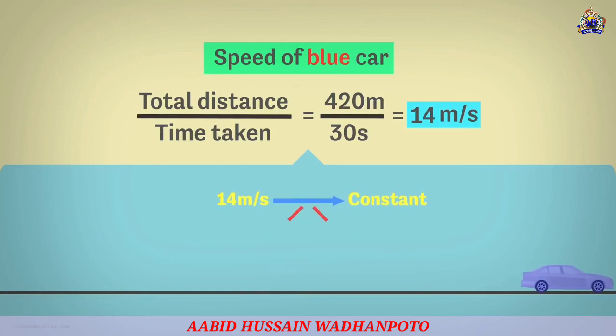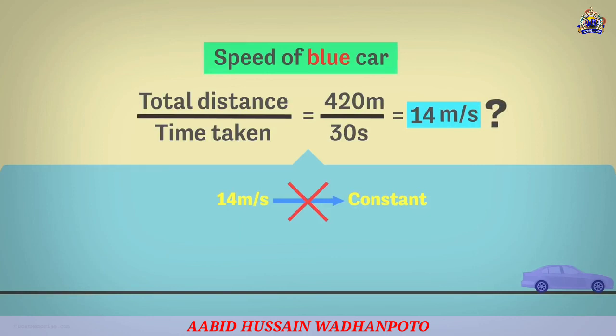Was it changing its speed? Yes, it was changing its speed. First its speed was slow, then it was faster. So we can't say that 14 meters per second is a constant speed. No, it was not, because the vehicle was moving slowly, then it was moving fast.